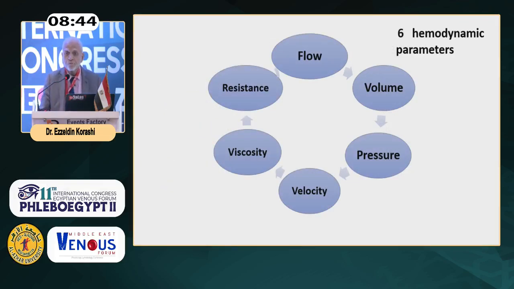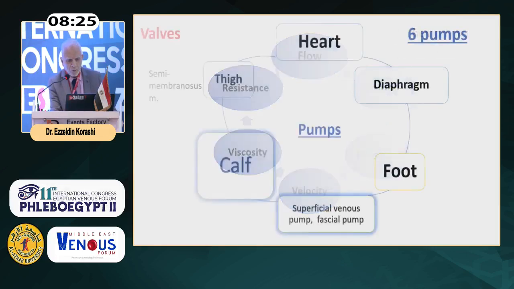Most important is the flow, and these parameters are the same as the arterial side, but with some differences in both. Will not bother you much, but very important, the flow is very important, and soon we'll have a look at some hemodynamic parameters.